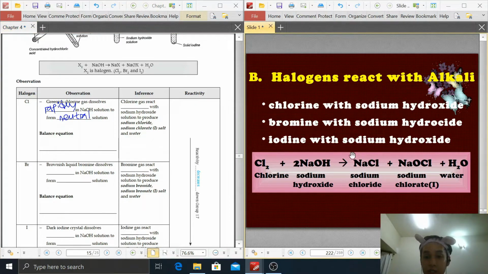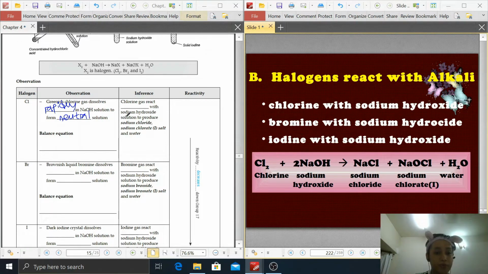You will get sodium chloride and sodium chlorate. The bracket here refers to the charge of the chlorate, the OCl. Make sure you balance: 2 sodium, that's why we put 2 here.